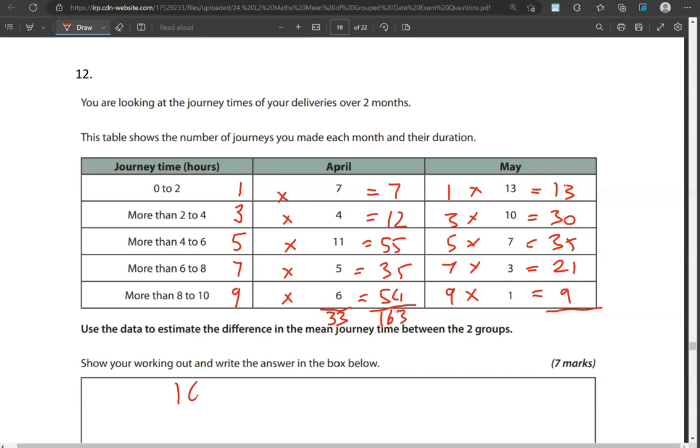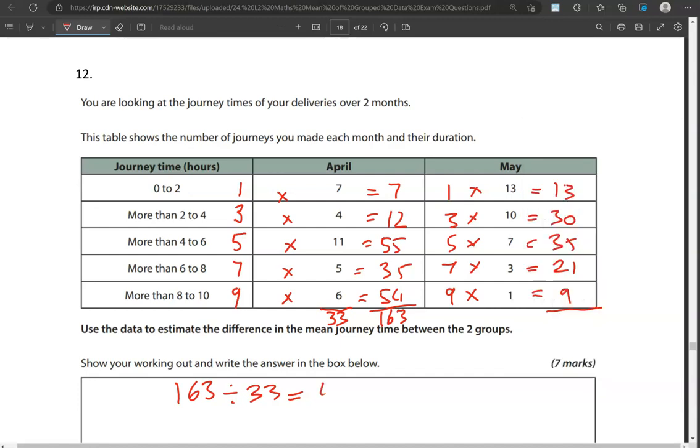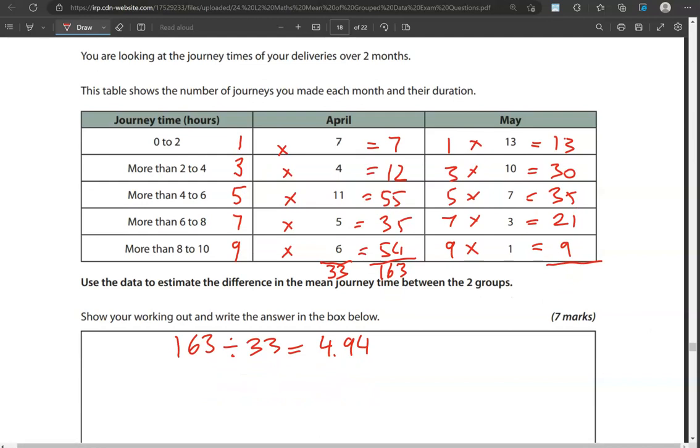So 163 divided by 33 gives us 4.94, rounded to 2 decimal places. Let's repeat this for May.